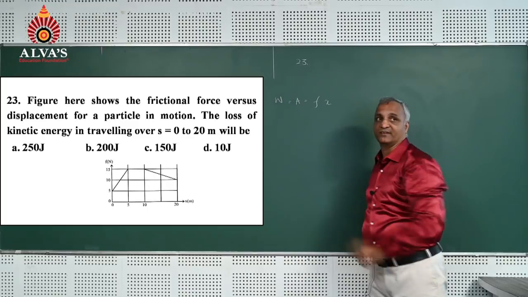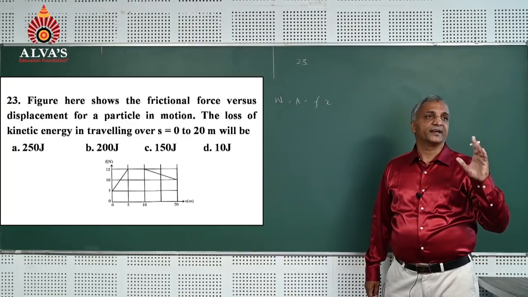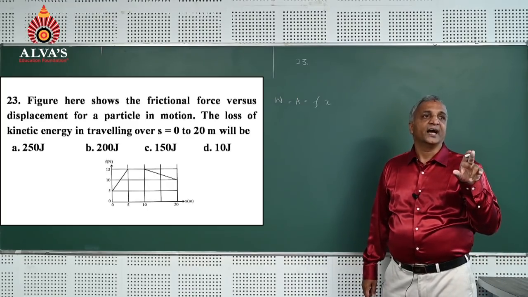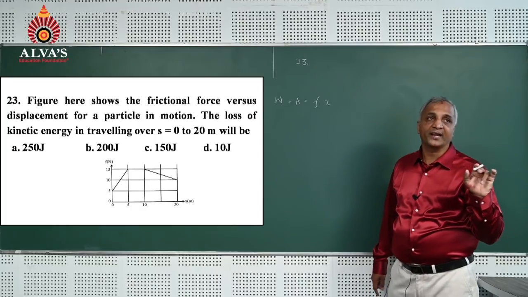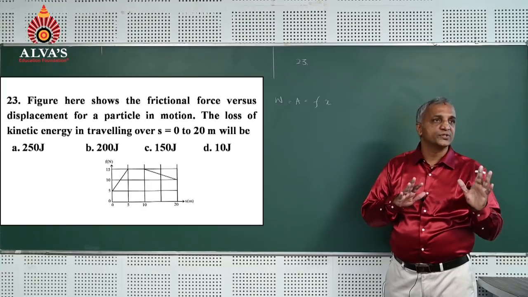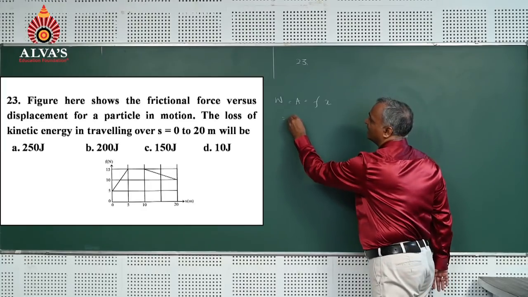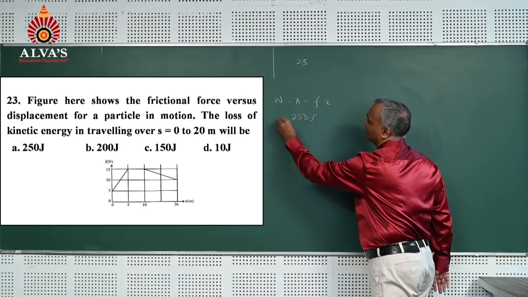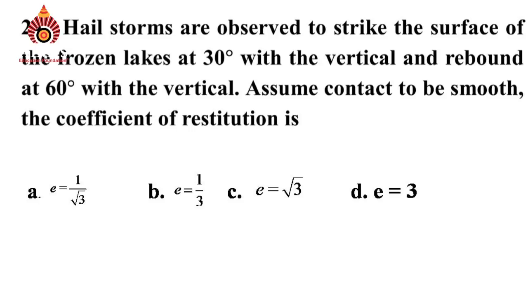There are two triangles, one square, one rectangle and one more square. So you find the area of those, add them, and you are going to get 250 joules. So this will be the work done by the frictional force. So I'll go for option A.